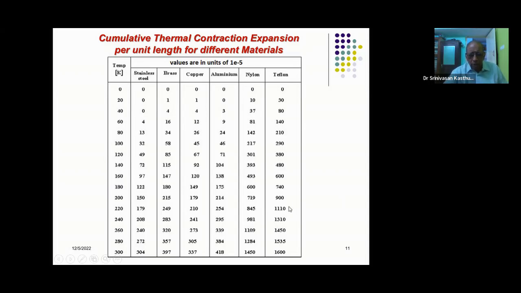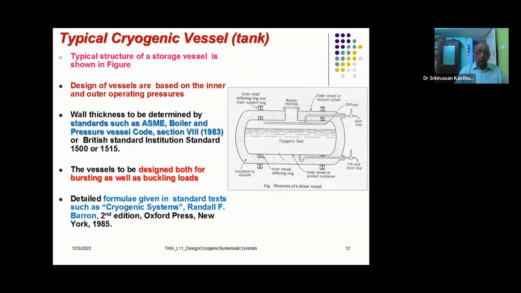But anyway, Teflon is around 1600. So that means the non-metals shrink much more compared to metals, right? This has to be taken care of, particularly when you have long lengths in the geometrical shapes of your system, maybe particularly applicable for transfer lines.